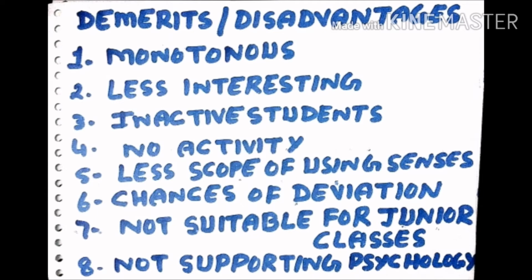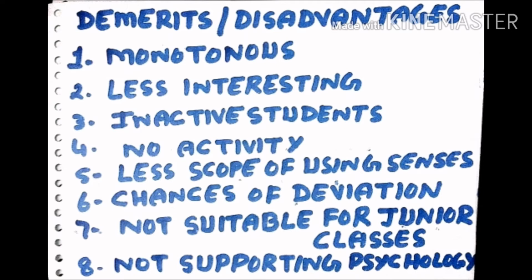The third demerit of the lecture method is that students are inactive and not doing anything. Students are just sitting idle and just keep on listening. Over time, they become inactive in the sense that they are not participating, there is no interaction. Because of these things, the lecture method is called a method which makes students inactive.